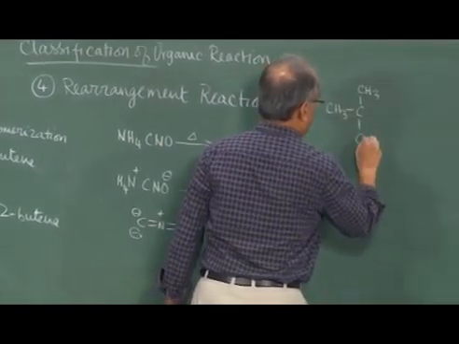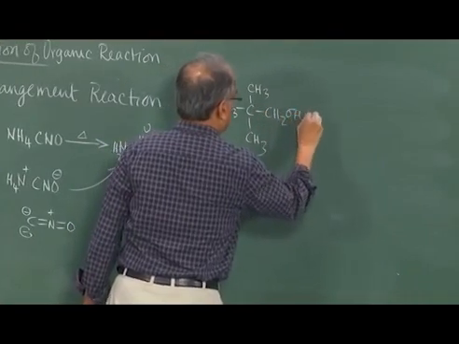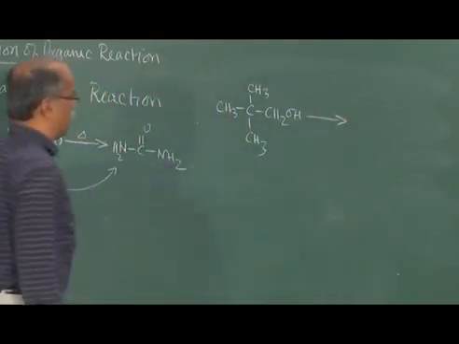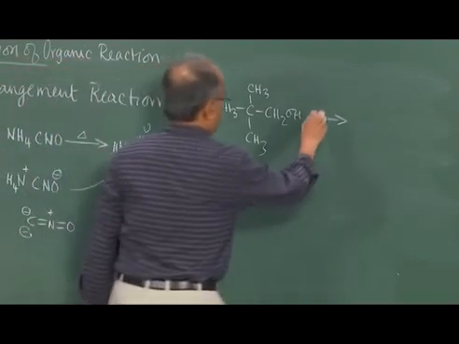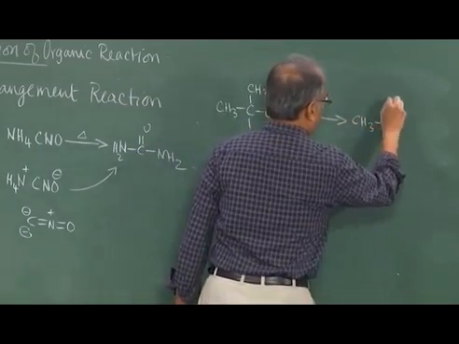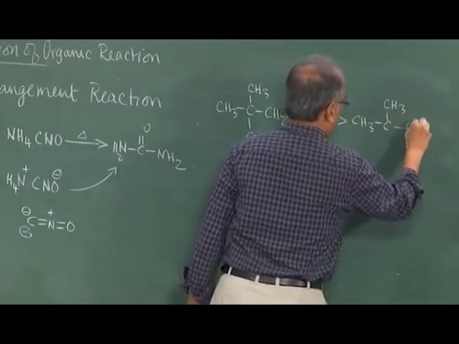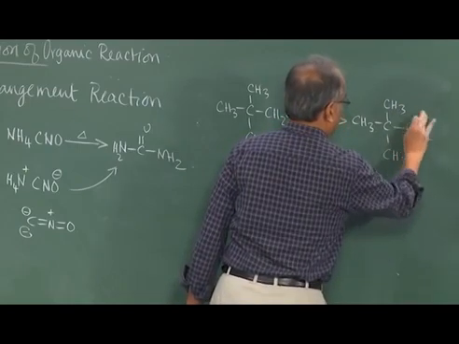The last example we will look at here is that you take this alcohol, which is a neopentyl alcohol. If you treat it with an acid, it produces neopentyl carbonium ion, which is a primary carbonium ion. The positive charge is on the carbon.